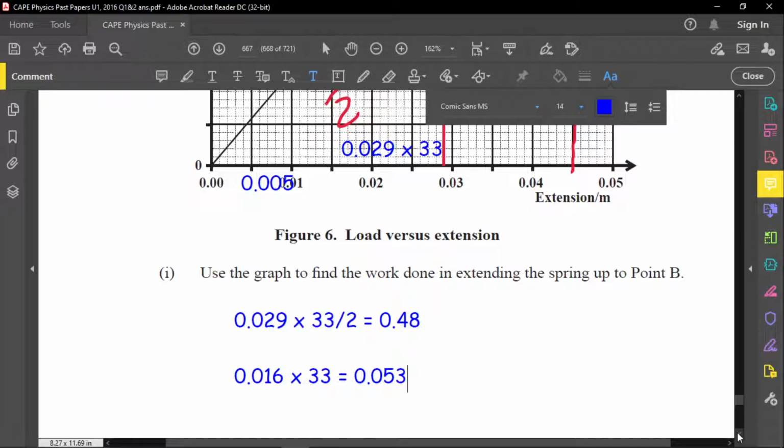Actually, it is not 0.05 but 0.53. Okay, great.